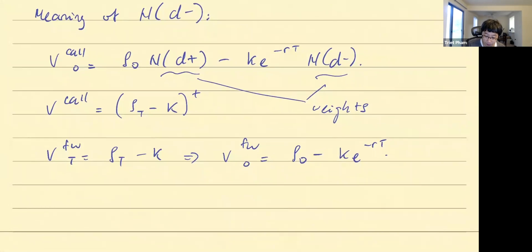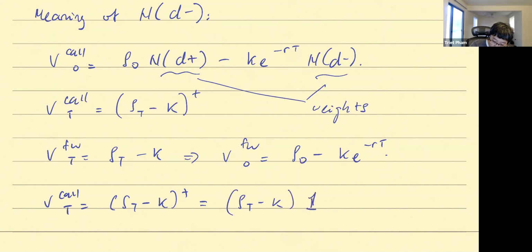What is N(d-)? Well, the meaning of N(d-) is like this. To do that, we play with this expression. So V call at T is (ST minus K) plus, which is (ST minus K) times an indicator function that ST is bigger than or equal to K. This indicator function is very popular in probability.